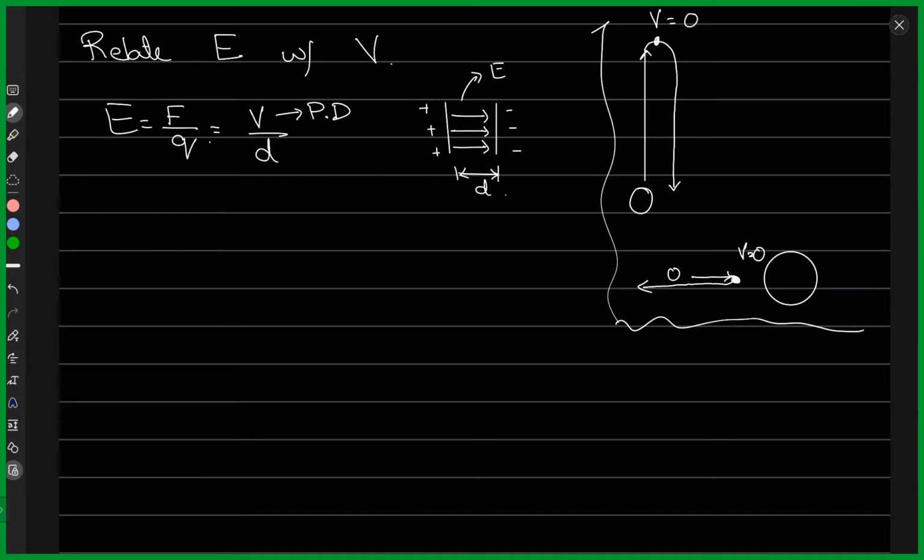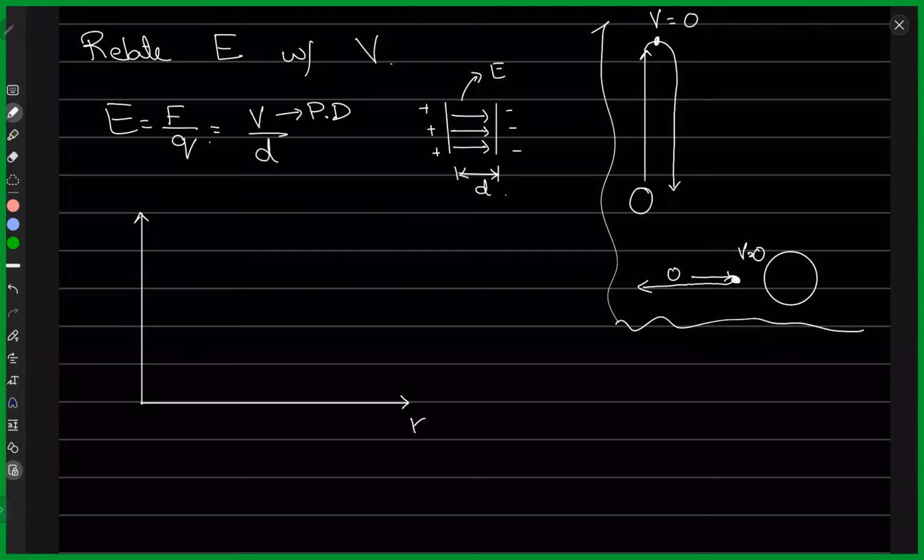So what I was telling you at this point was that you can think of electric field strength as the gradient of a graph of potential plotted against the distance from the center.